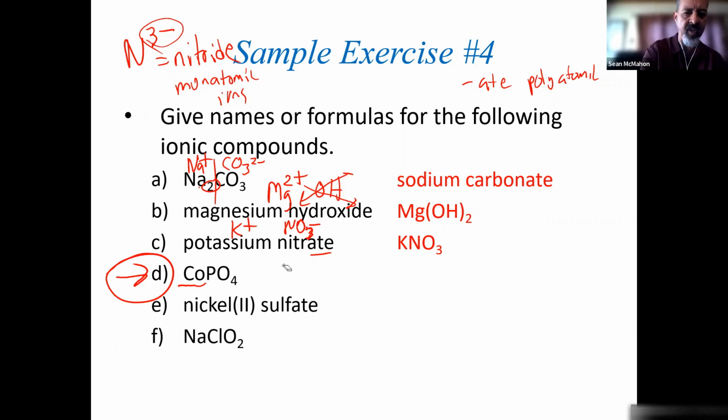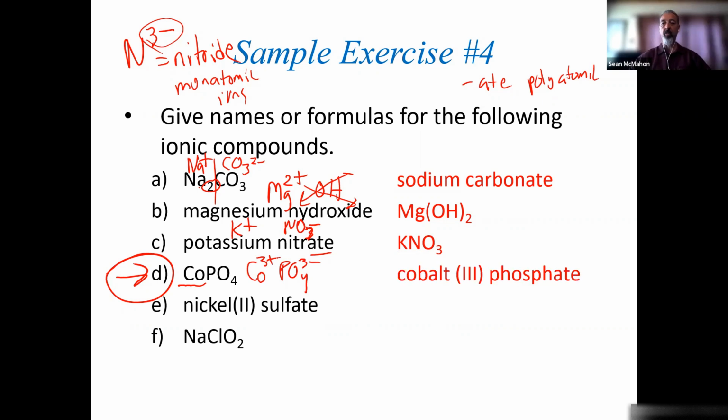So you're like, all right, phosphate. How do I know it's phosphate? It's on the 4, it had a 3-. So if it's a 1-to-1 ratio, this cobalt has to be a 3+, because to cancel out the 3- from the phosphate, which is on that 4, I need a 3+. So it's got to be cobalt(III) phosphate.